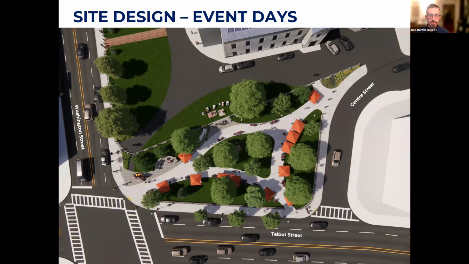So the intent with the path widths in this circular path, as Kyle had mentioned, is that when you visit a farmer's market, you might want to walk around, visit a vendor again. But the observations that we've made during the farmer's market is that the tents pop up, you'll have some down the path, but the existing curb there is a little limiting so that you can't fit a tent and someone trying to walk on the pavement within that same footprint of the path.